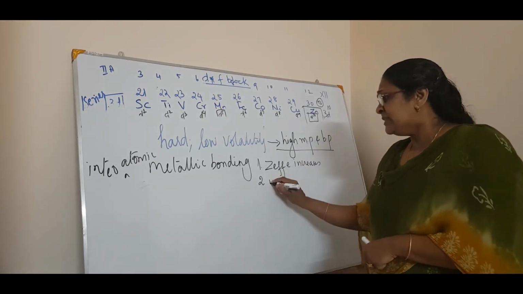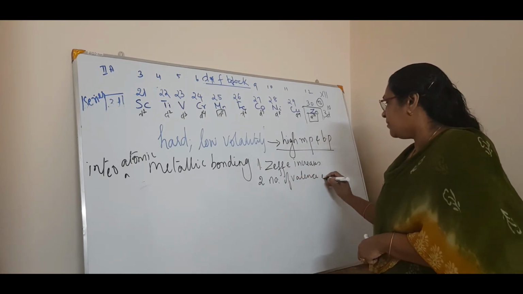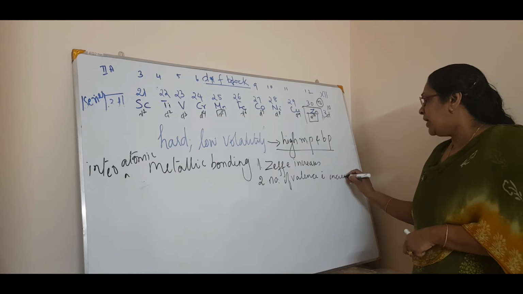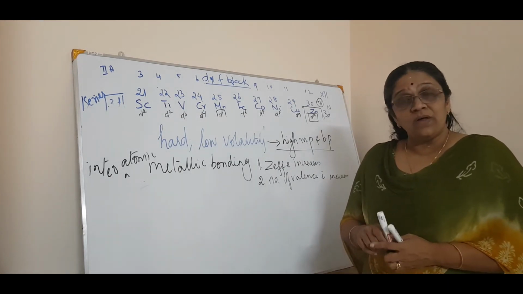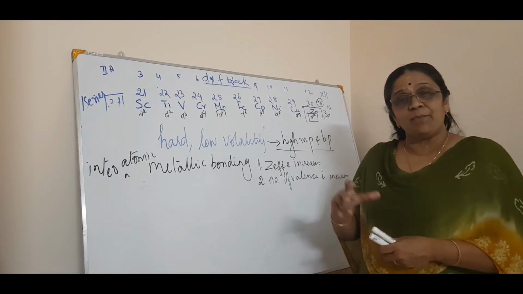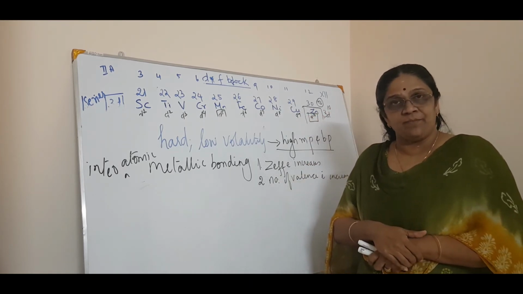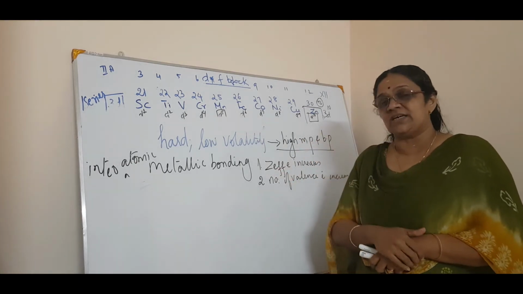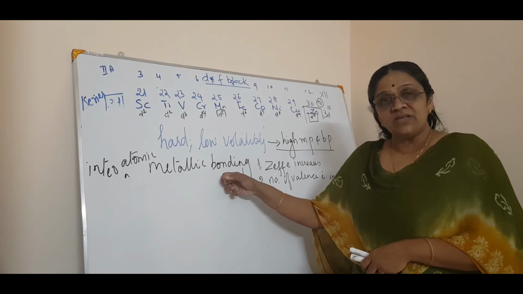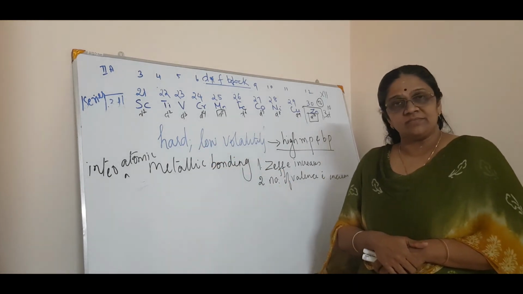Also the number of valence electrons is increasing. In transition elements there are many valence d electrons. Due to that, and the increasing effective nuclear charge, they can have strong interatomic metallic bonding.